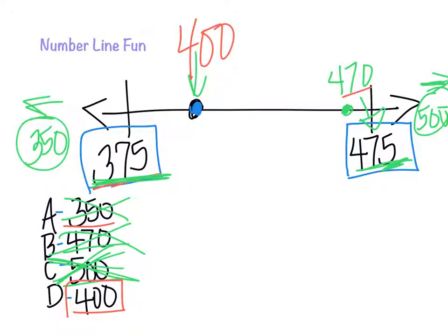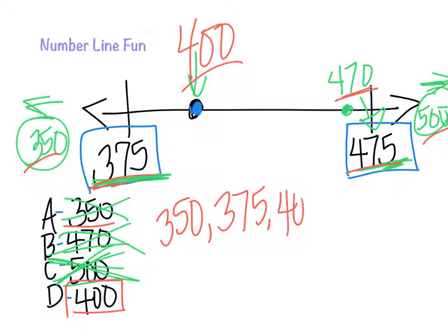And it makes sense because if I was counting on a number line and I counted 350, then 375, then 400, then 470, 475, then 500, that would show your numbers from least to greatest, which means I put them correctly on this number line.